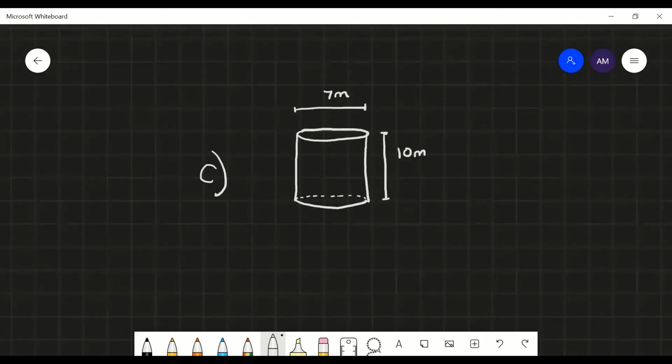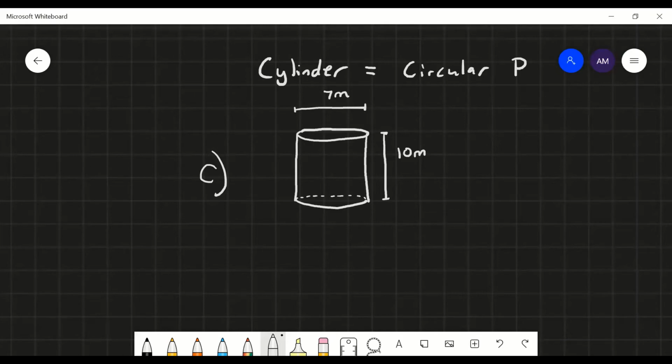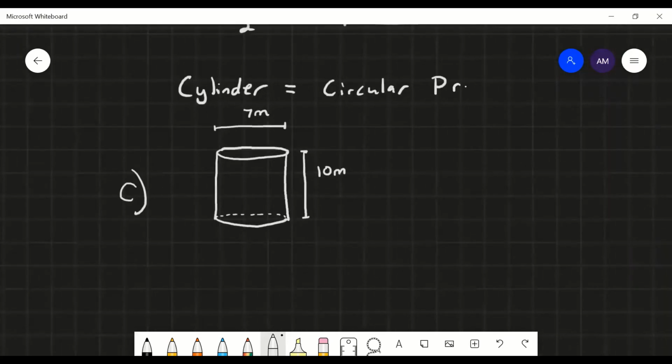So this shape is called a cylinder. Now, a cylinder technically is just a circular prism. It makes sense because the base is a circle and it's just extended as the same circle throughout the entire shape.